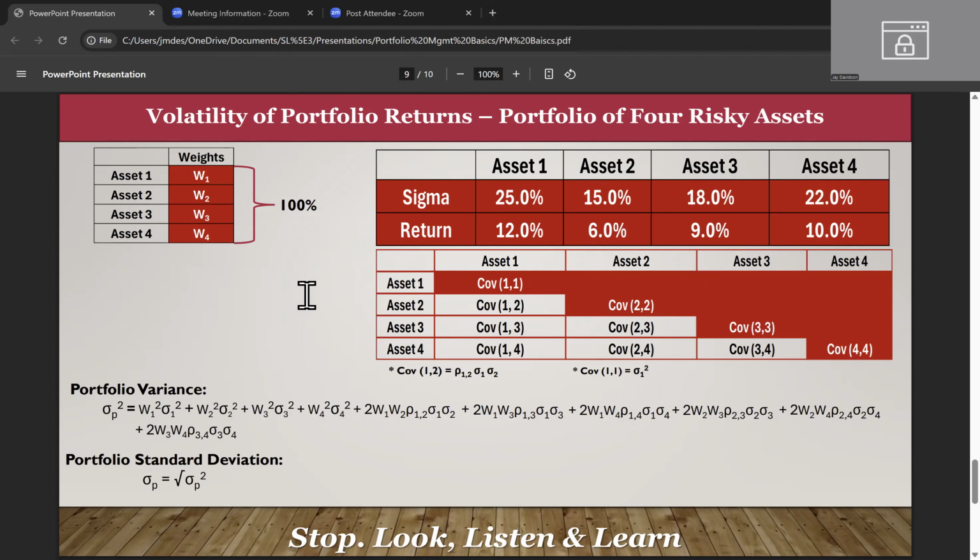Again, just wanted to summarize the key important points of portfolio management. And as I said earlier, the key guiding principle that you want to keep in mind is that portfolio management is all about maximizing the return for a given level of risk. And stated differently, for a given level of risk, you want to maximize the return.